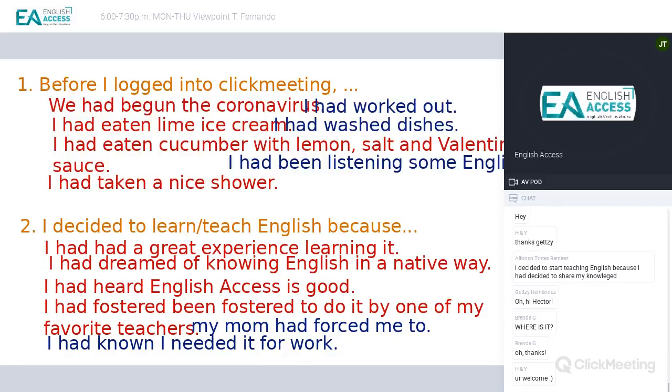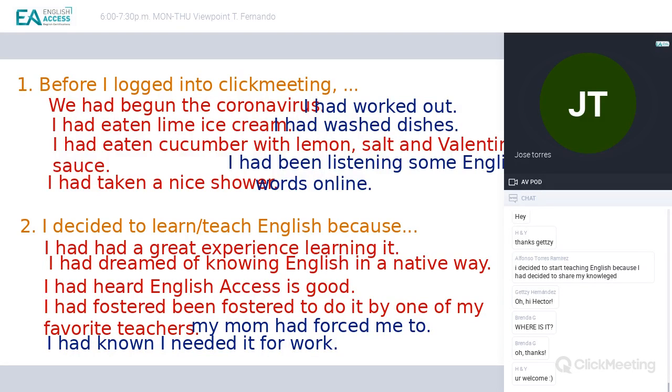Number one, before I log into Click Meeting, with the past perfect, I had been learning some English words online. Oh, very good. Because I need to understand well many English vocabulary. Okay. The second, I don't know how we can make the sentence, but I decided to start the level 6 when the pandemic have been finished or only have finished. Well, the pandemic hasn't finished, so it would be impossible to say that.